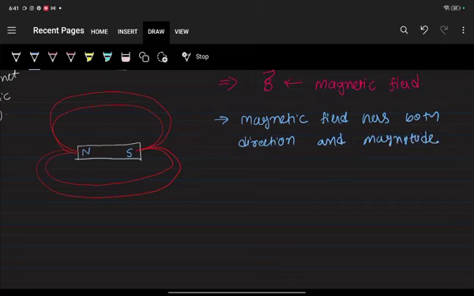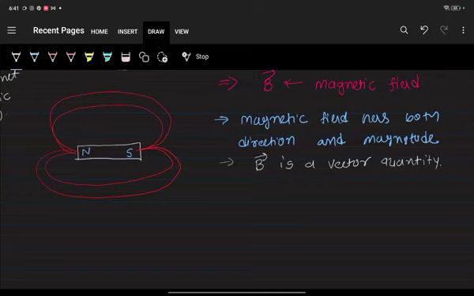Why does it have magnitude and direction both? It goes from north to south, so it has a direction. Because magnetic field is a vector quantity. We are going to talk about poles and all this, but remember magnetic field is a vector quantity.